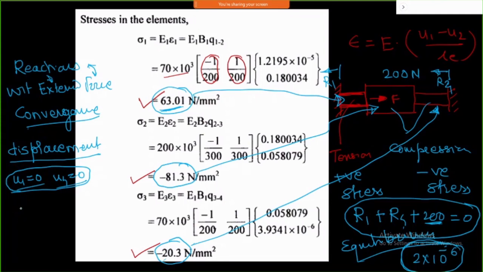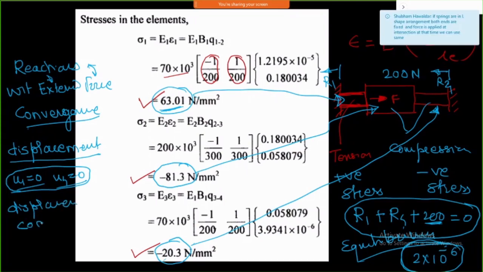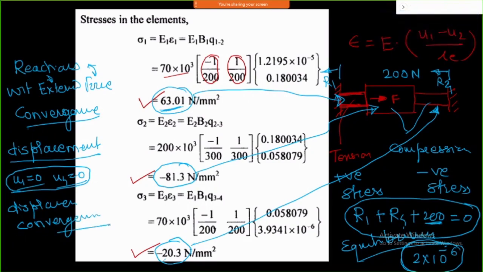That is how you get displacement convergence. We will discuss these convergences in later sessions when we solve ANSYS numericals, and I will give more detail then. Similarly, we can have energy convergence; many convergences will be there.